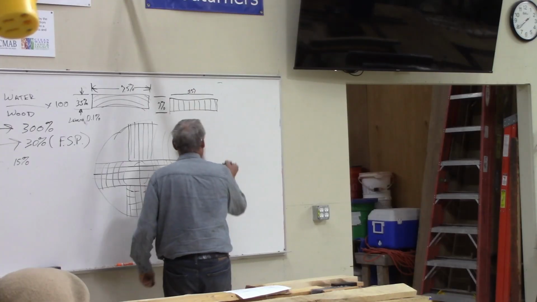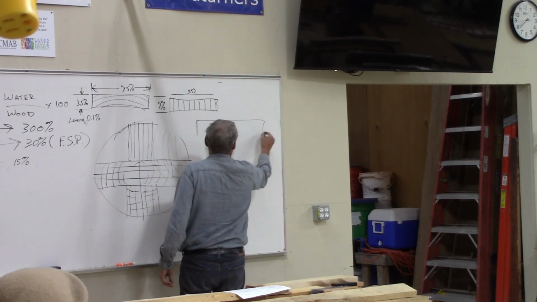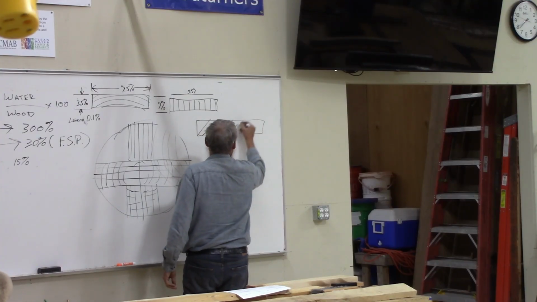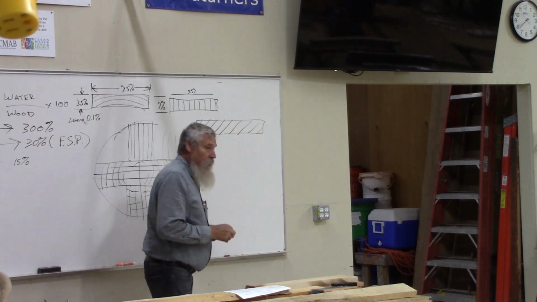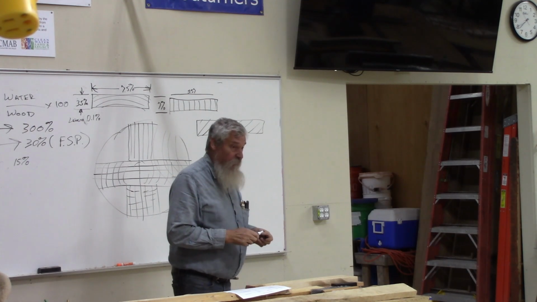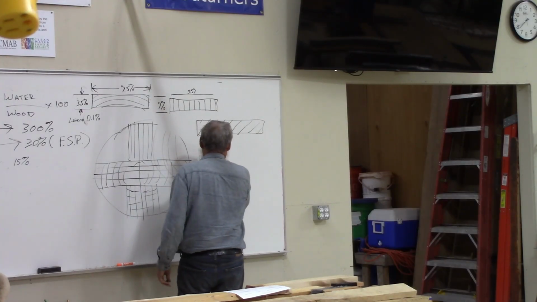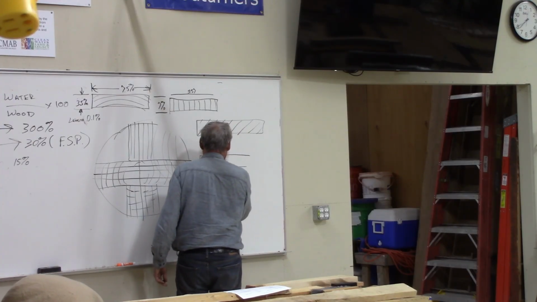So if you have wood, the grain looks like that, it's usually referred to as rift. And the reality is it's really a combination of stuff. Sometimes you'll end up with something that looks like this.